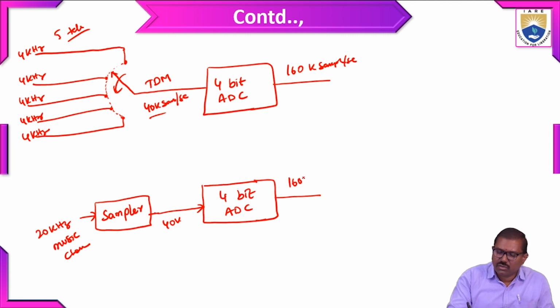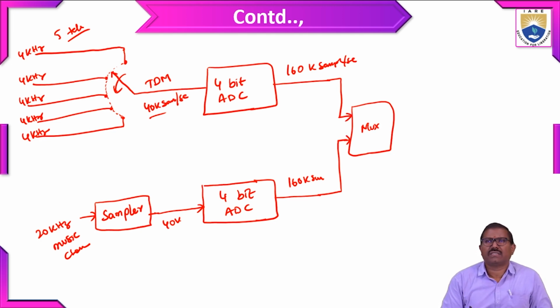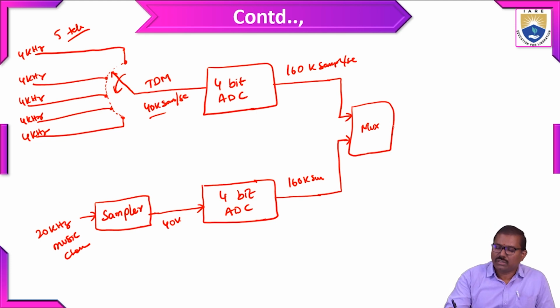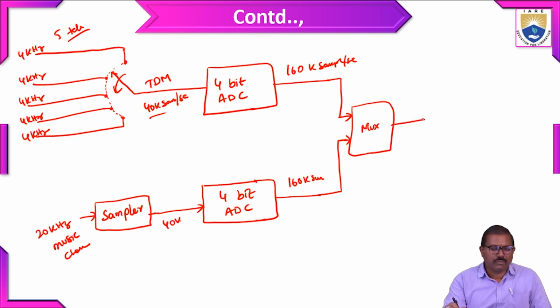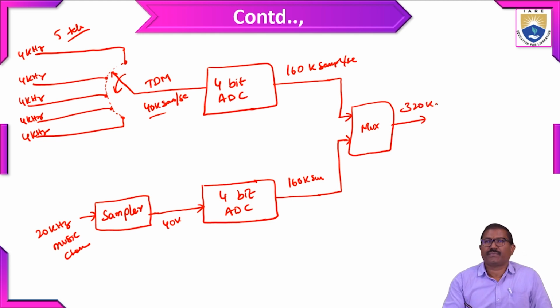So this also gives 160k samples per second. Okay. So these two 160s are going to be applied to a mux, multiplexer. Mux means multiplexer. So these two are going to be multiplexed and form a 320k.